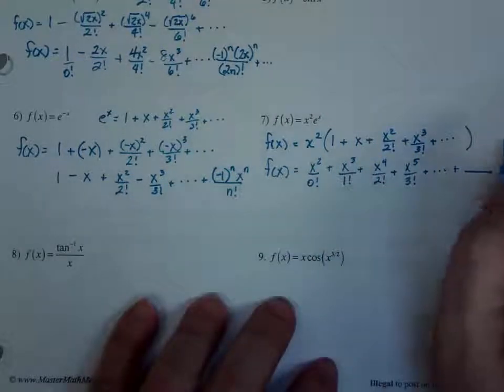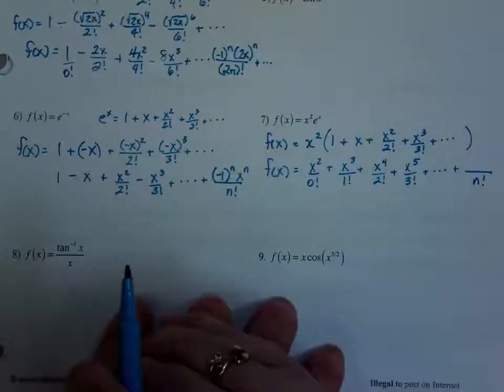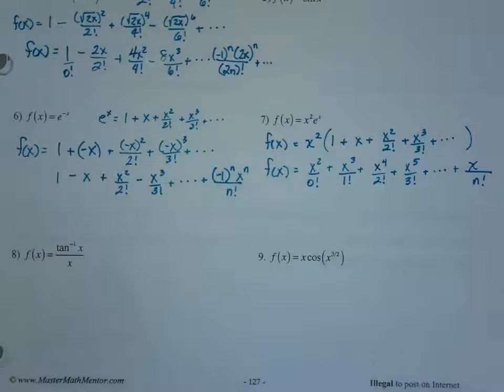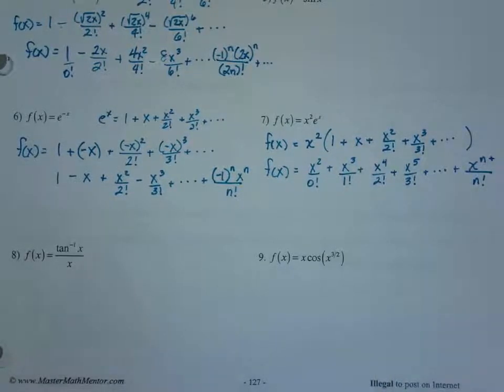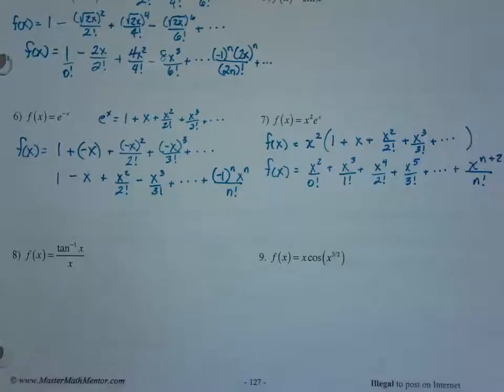N factorial, exactly. Now the top is a little different. Is it n plus 2? N plus 1. Okay, how much am I adding for each exponent? 1. So it's 1n for sure. And then plus how much if I plugged in 0 first? 2. It would be 2. That's the answer. Plus dot dot dot.